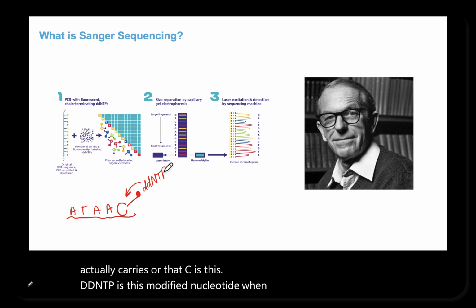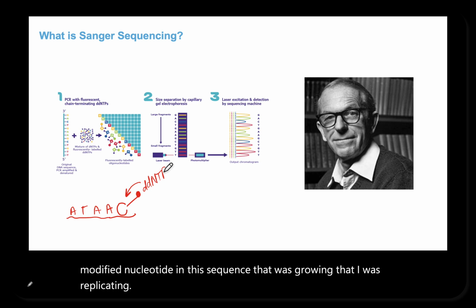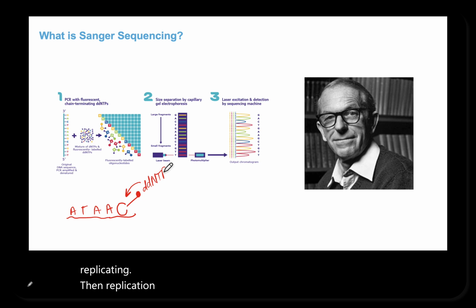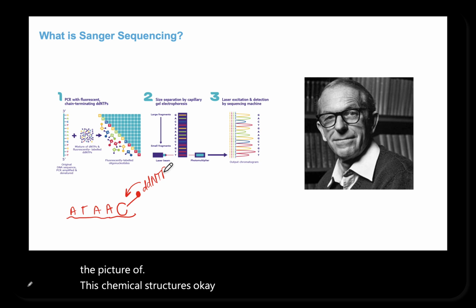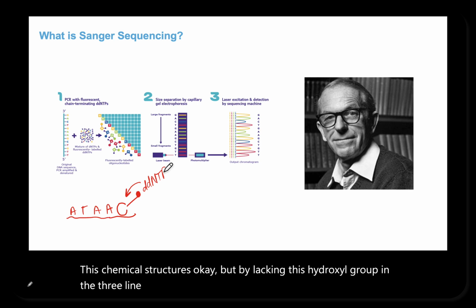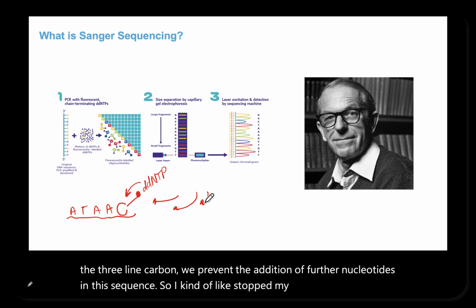When you incorporate this modified nucleotide in the sequence that was growing, replication stops, because ddNTPs lack the 3' hydroxyl group. I'm going to show you the picture of these chemical structures. But by lacking this hydroxyl group on the 3' carbon, we prevent the addition of further nucleotides in this sequence. So I stopped my sequence there.